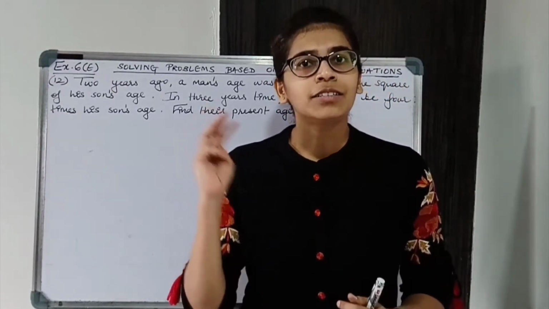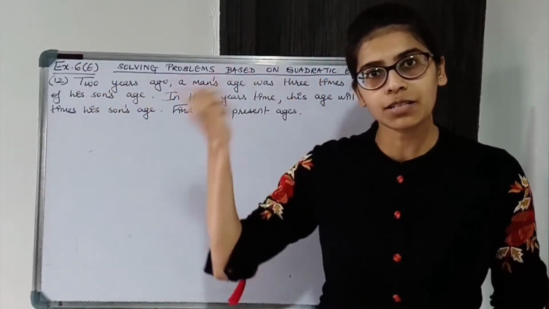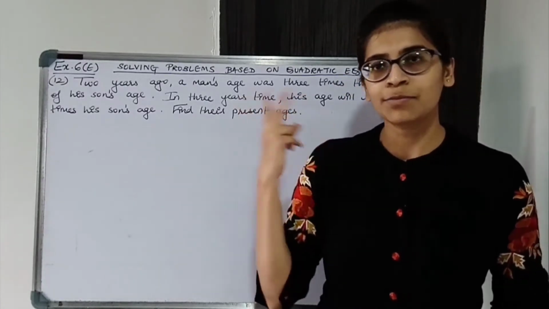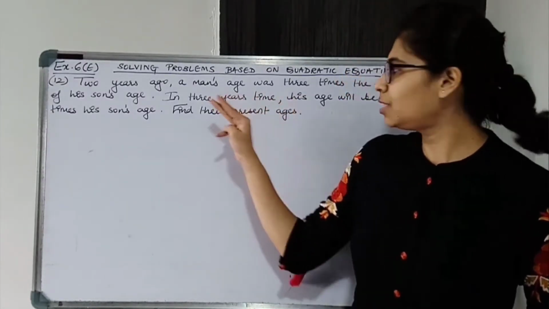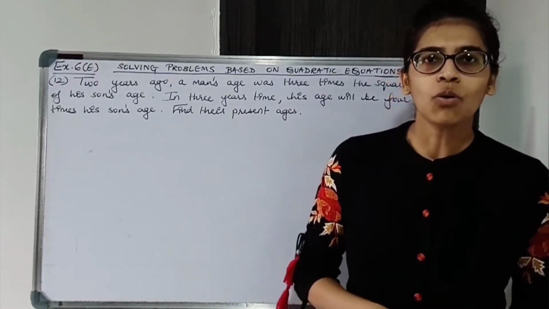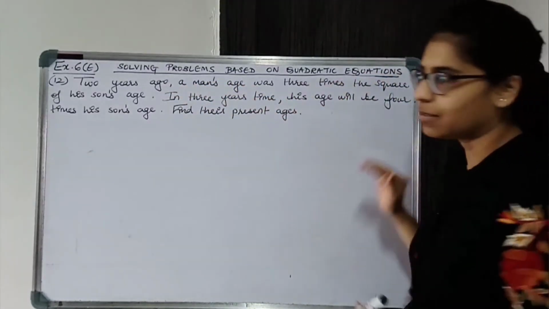Now, there are 3 different periods. One is 2 years ago, that is past. Other is present ages. Okay, so past, present, and third is future, in 3 years time. So in future, after 3 years. So we are talking about the ages in 3 distinct years.